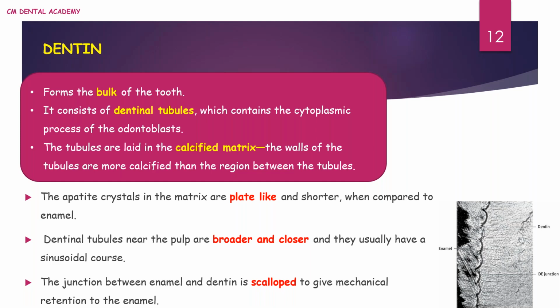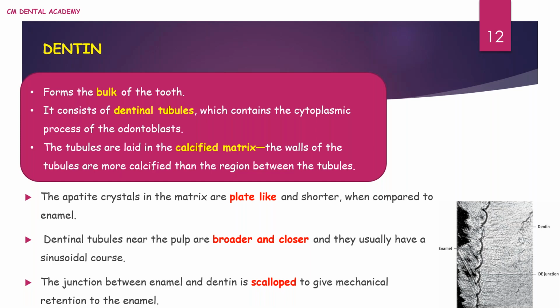The walls of these dentinal tubules are more calcified than the region between two dentinal tubules. The apatite crystals are in a plate-like shape and they are shorter, while in enamel they are hexagonal in shape and longer. Dentinal tubules near the pulp are broader and compactly packed.